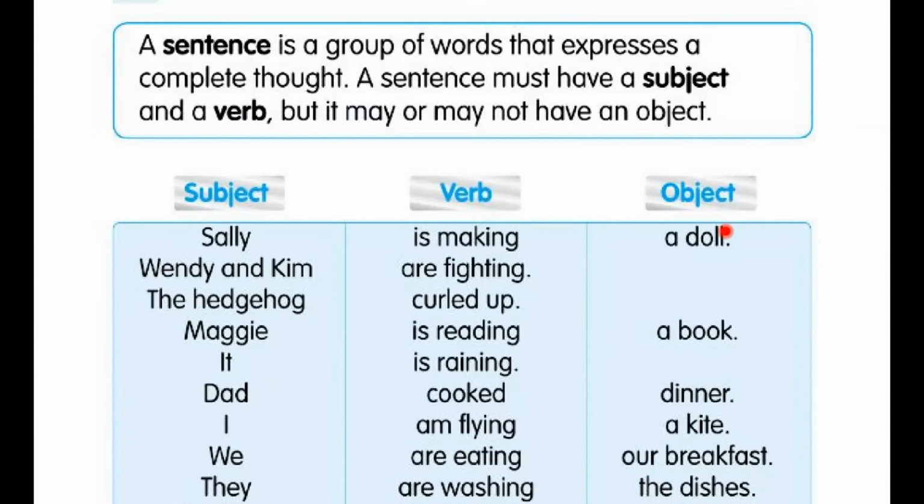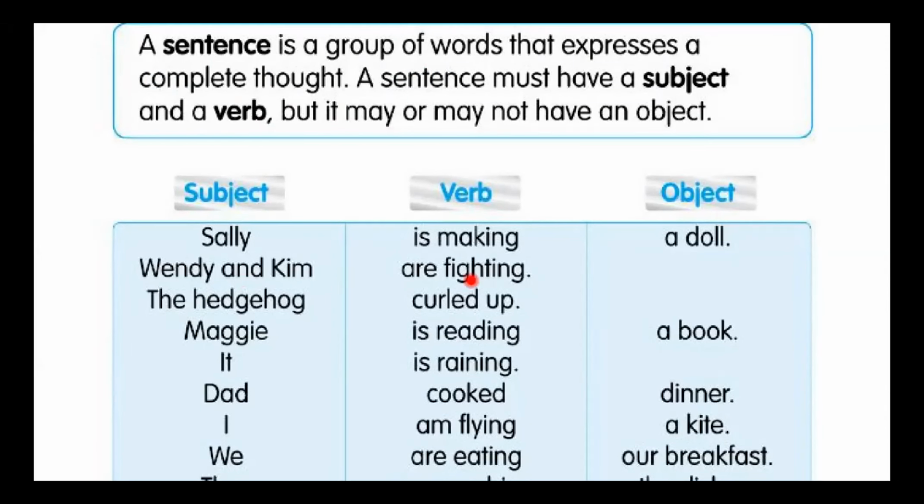Wendy and Kim are fighting. Are fighting is the verb over here. So is there any object in this sentence? No. So that's what it is trying to say कि एक sentence में subject और verb कैसे भी होता है, but object may or may not be present.